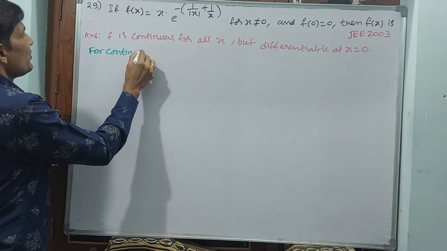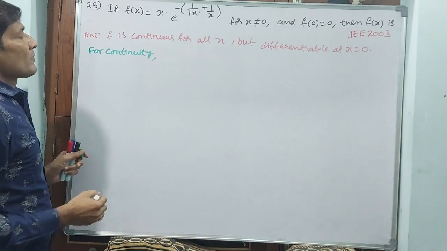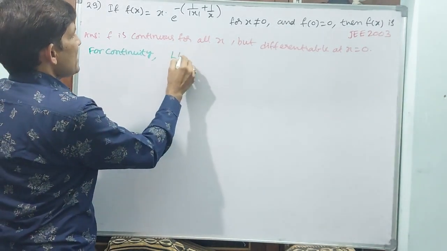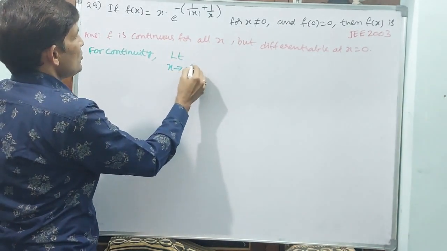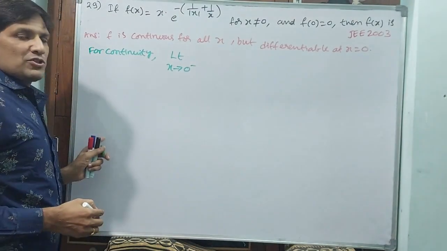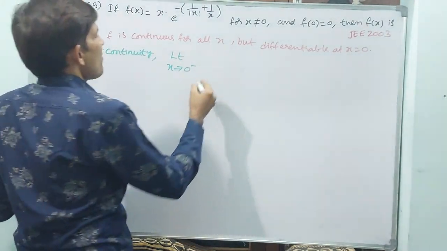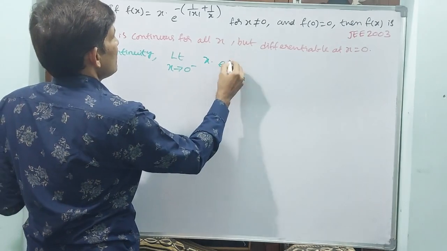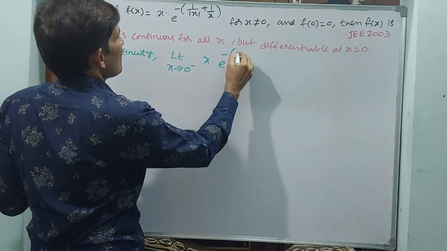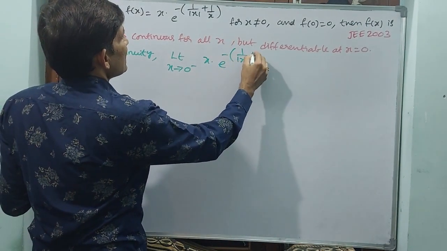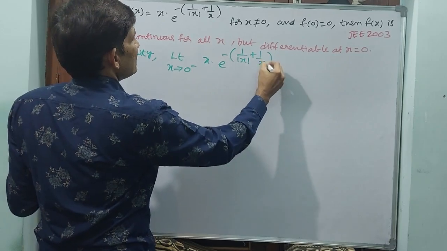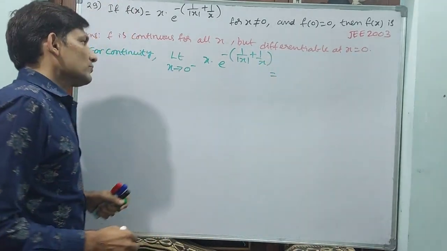You see, limit x tends to 0 minus. First we will see 0 minus, after that 0 plus also. Limit x tends to 0 minus of x e^(-(1/|x| + 1/x)).